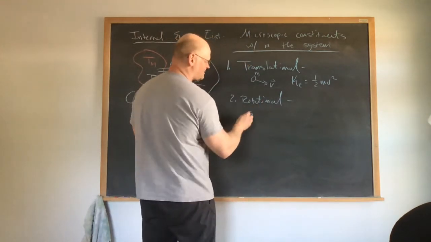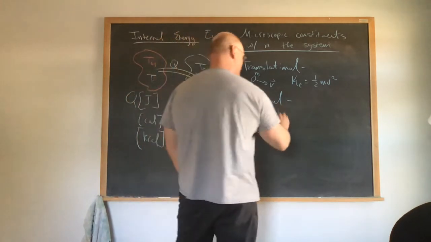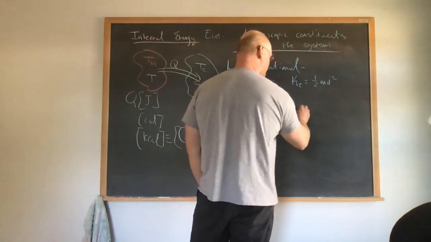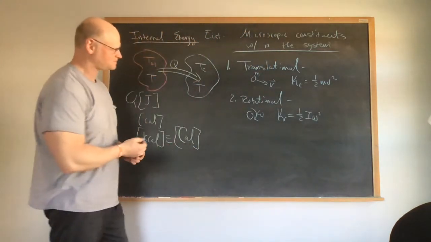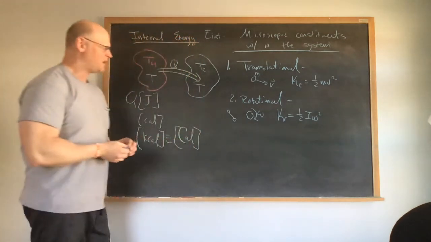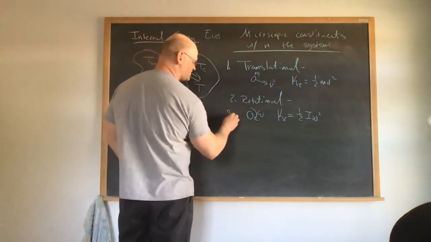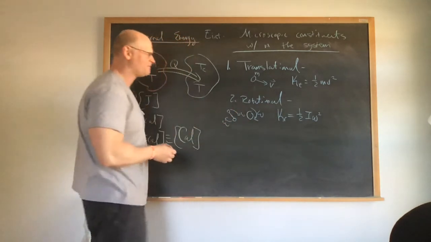So let's say here's our molecule, which is rotating with some angular velocity. It's going to have a rotational kinetic energy, which is 1/2 the moment of inertia times the angular velocity squared. Or you could have something more like a dumbbell type situation where this is rotating about this center axis. So these two are rotating with angular velocity omega.